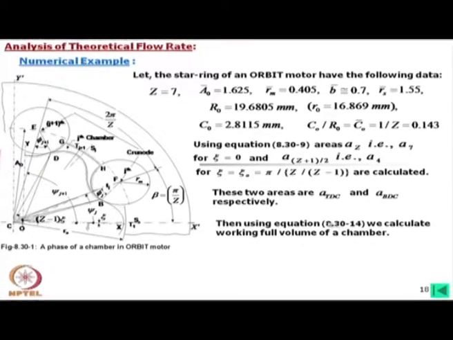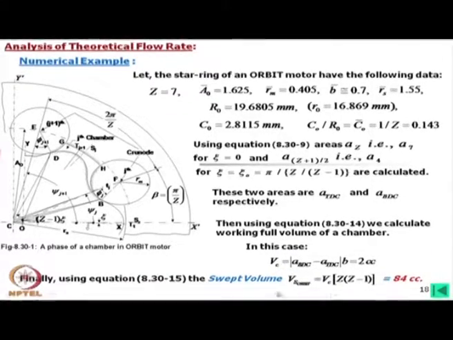Therefore, we will now use equation 14 to calculate the working full volume of a chamber. I have not shown the calculation, but to calculate this area we have used this formula, and ultimately we have found that the full volume of a chamber, the working volume, will be around 2 cc, very close to that. So, the swept volume of an orbit motor with these data will be 84 cc per revolution. The flow required is 84 cc.